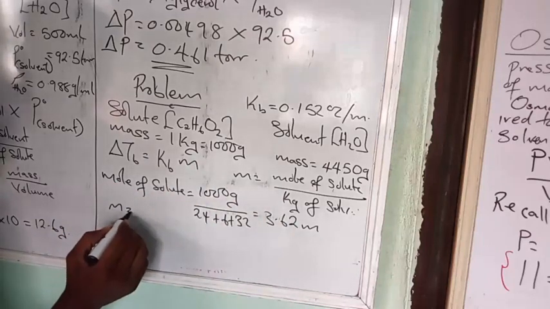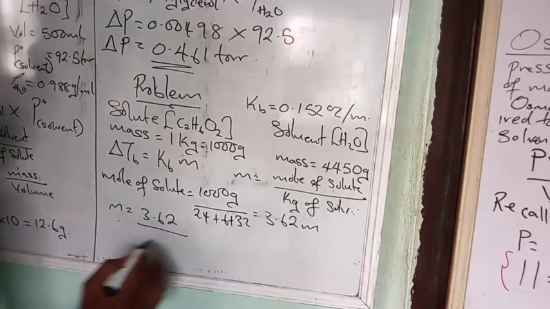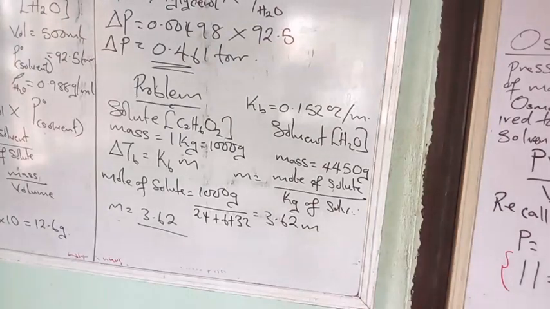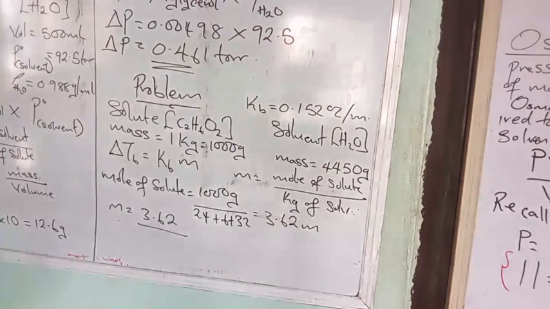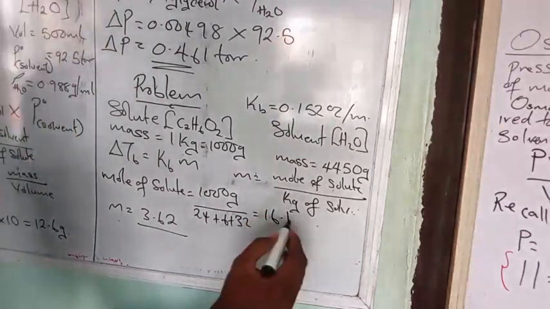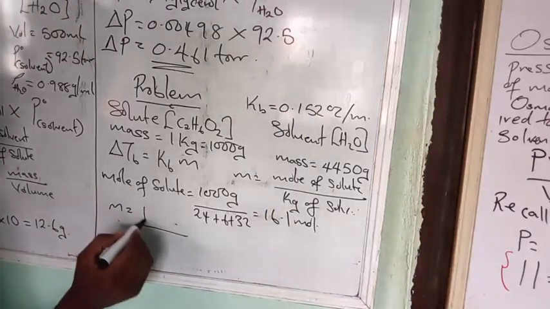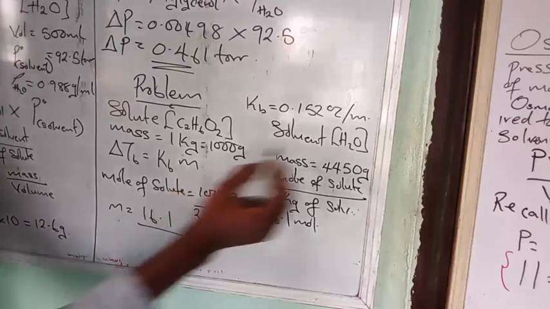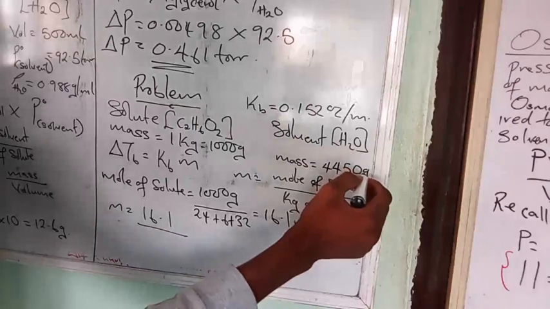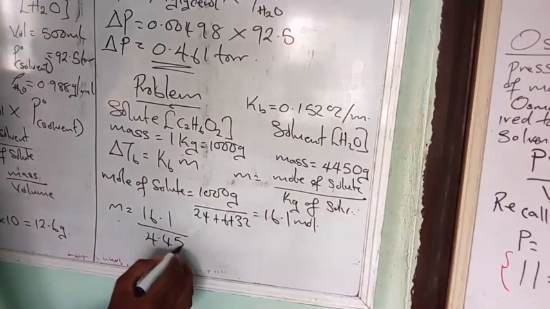So our molality will be equal to moles of solute, which is 16.1, all over kilograms of solvent. Our solvent is in grams, but we convert to kilograms by dividing by 1,000, which gives 4.45.